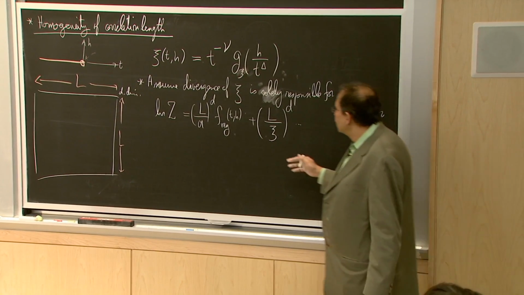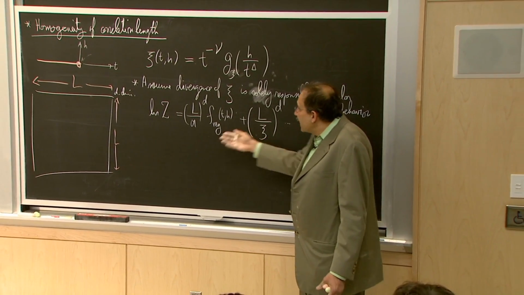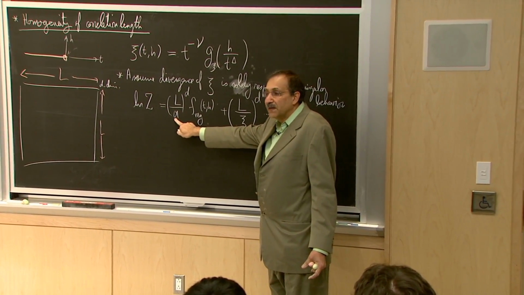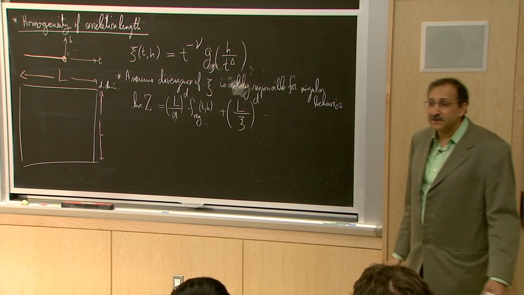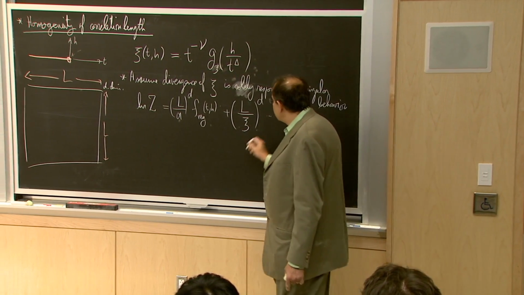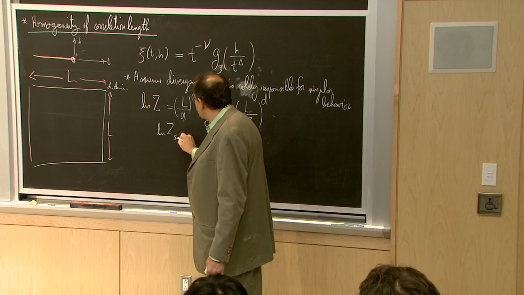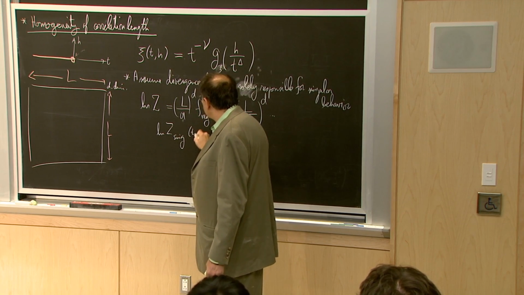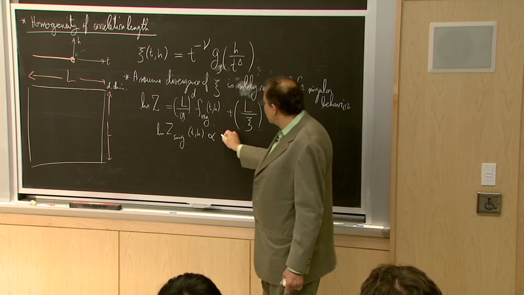To ensure that extensivity is maintained when I have a benign length scale, but in addition a length scale that is divergent. Now you can see immediately that this says that log Z singular as a function of t and h will be proportional to ξ to the minus d.